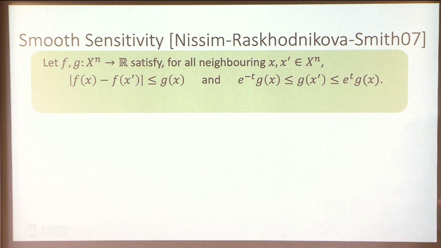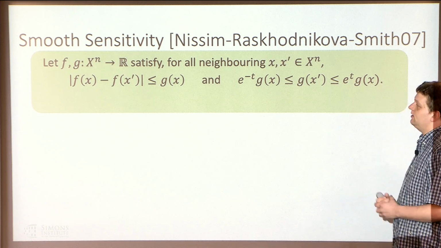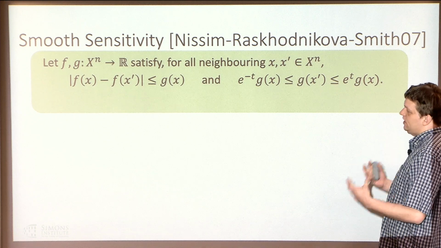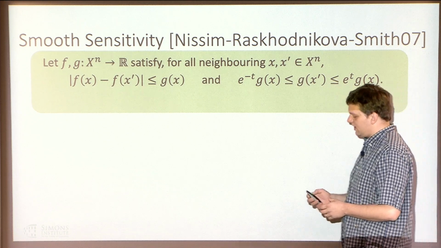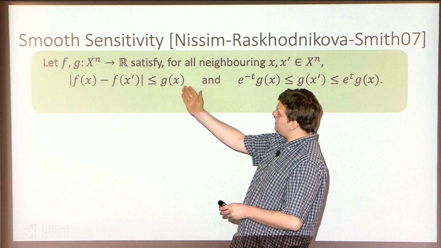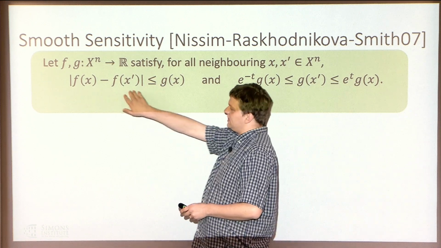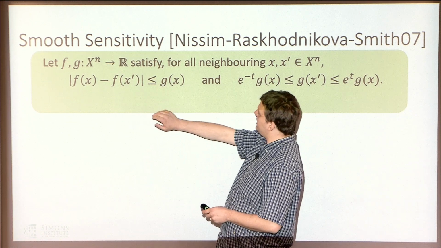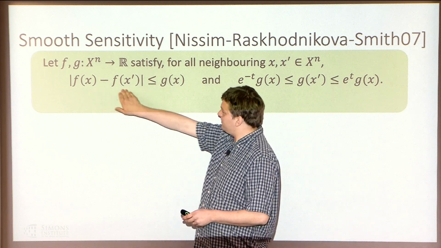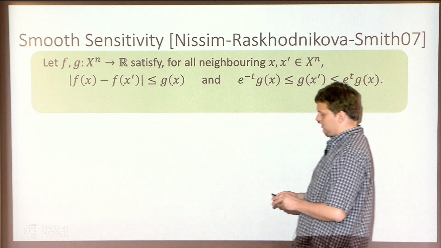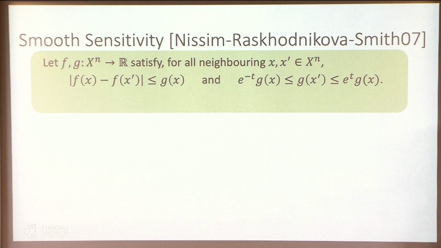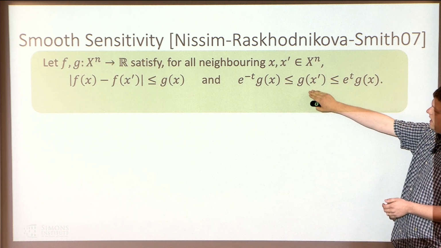Okay, so what's the approach? Let's say we have some function f, the function we're interested in, and we also have a second function g. g is an upper bound on the local sensitivity of f. So for all neighboring databases, f(x) and f(x') differ by at most g, but we also have some multiplicative guarantee on the sensitivity of g.